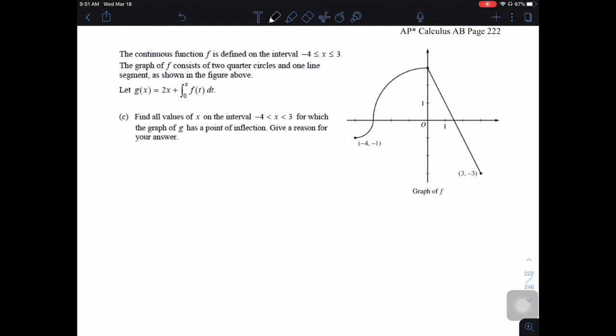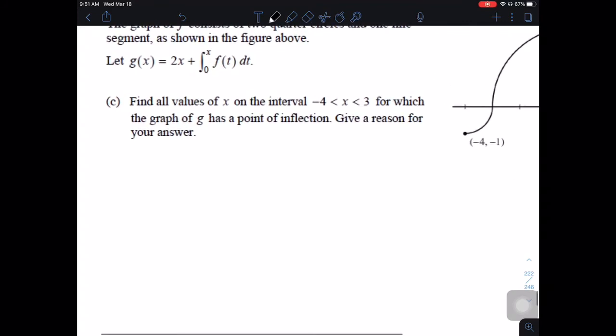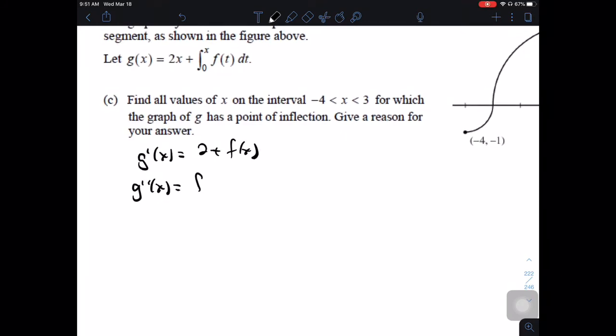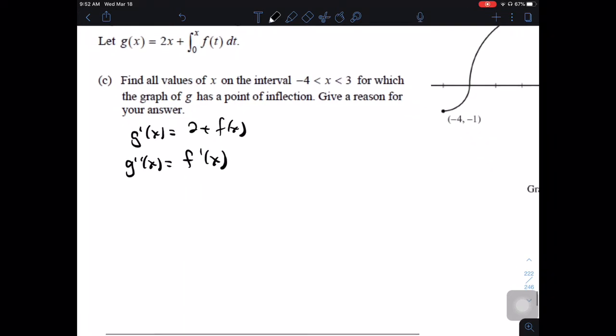All right, well, we know what g prime is. We've already established it's 2 plus f of x. Well, what would g double prime of x be? That would be derivative of 2 is 0, derivative of f is f prime. So in order for us to find this inflection point, we want to find where the concavity is changing.